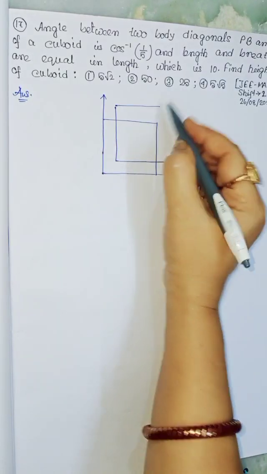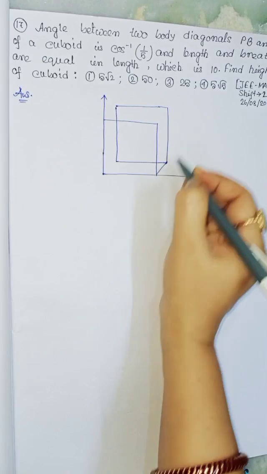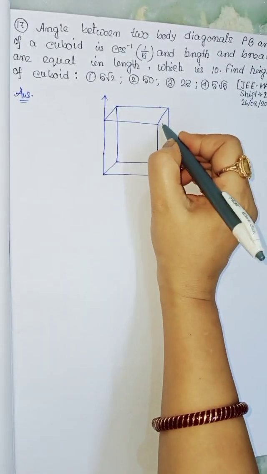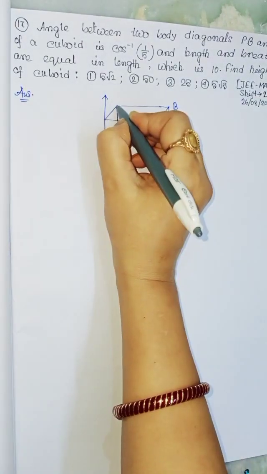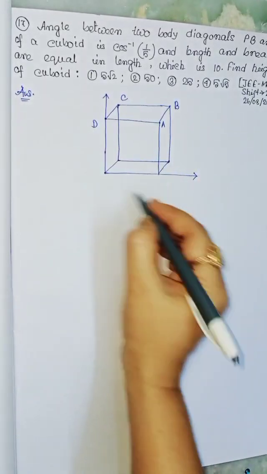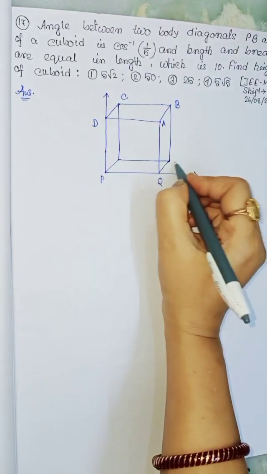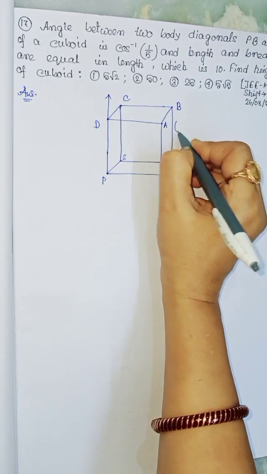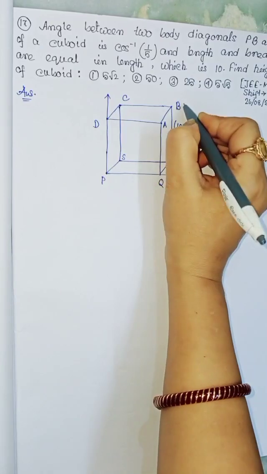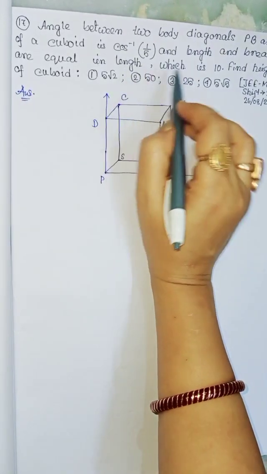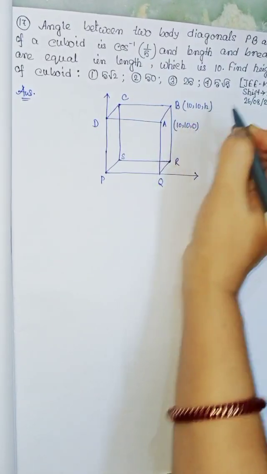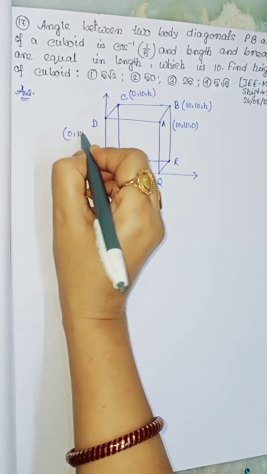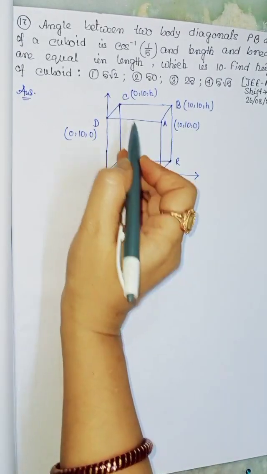Now here is the point A, this is B, this one is C, and this one is D. Now the base is P, Q, R and S. Now the point A is equal to (10, 10, 0), B is equal to (10, 10, H), where let's suppose the height is H, C is equal to (0, 10, H), D is equal to (0, 10, 0).